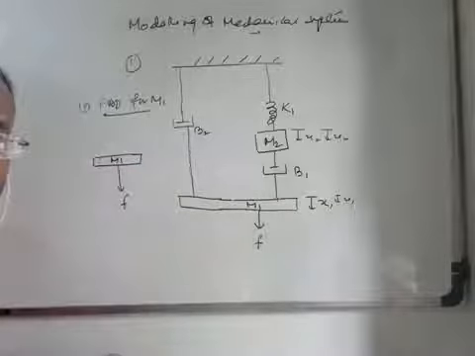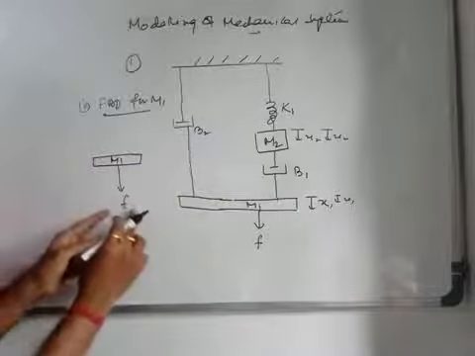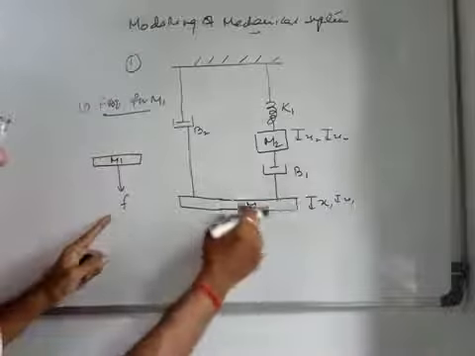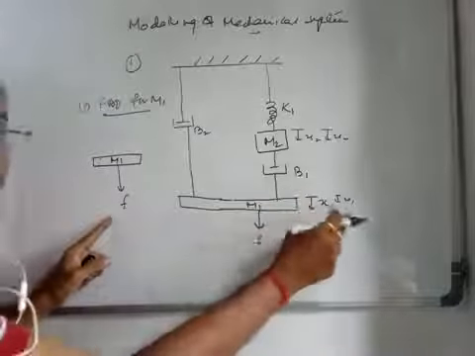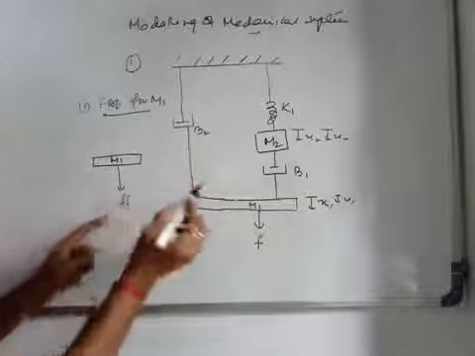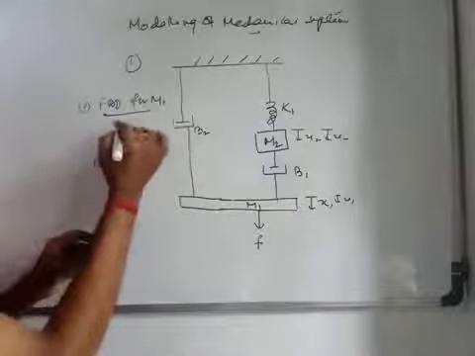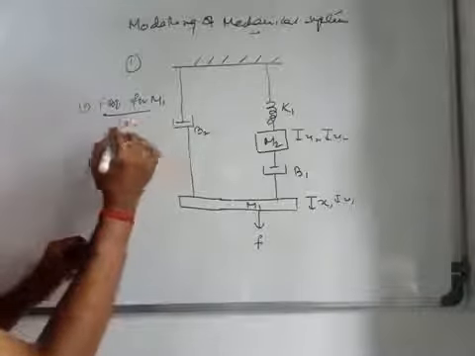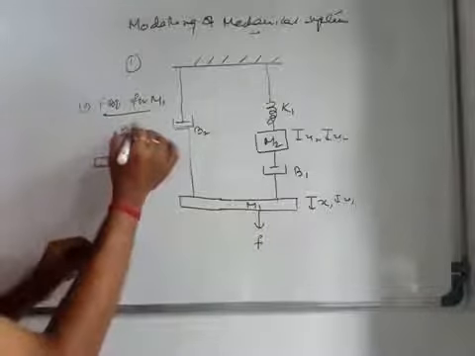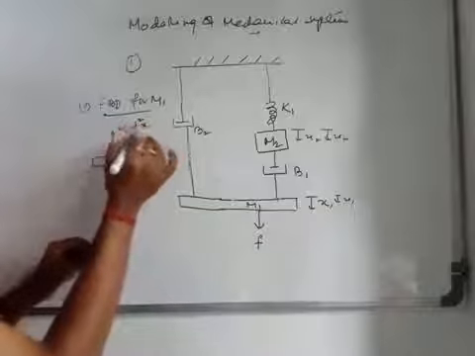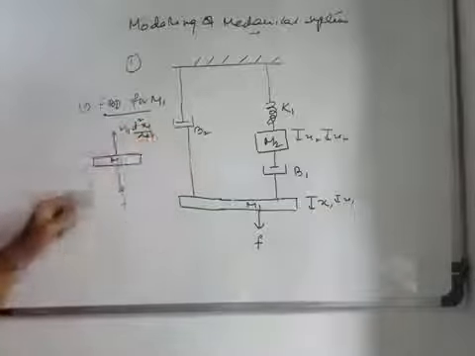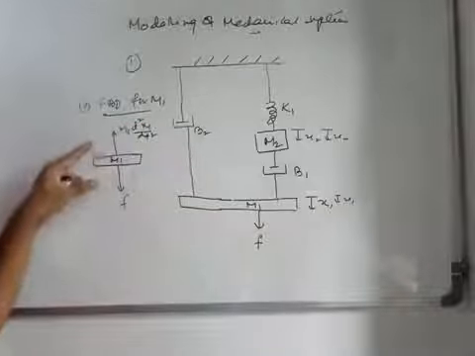This is the external force, and once this force is acting, the displacement of this mass m1 is x1 and velocity v1. So definitely some inertial force, that is m1 d2x1/dt2, will be acting in the opposite direction, right?